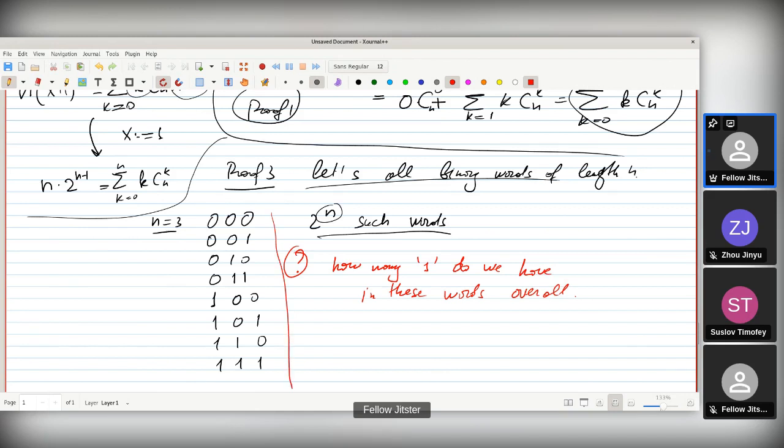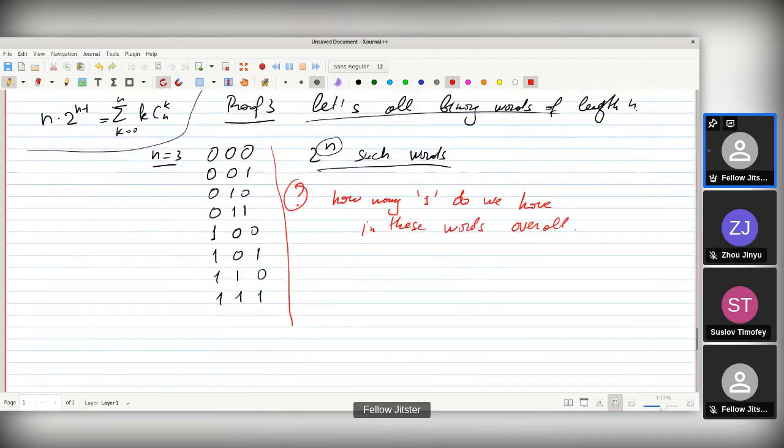In this case of n being equal to 3, how many unities do we have? 1, 2, 3, 4, 5, 6, 7, 8, 9, 10, 11, 12. So we have 12 unities. Is this idea clear? Yes. And how many unities do we have overall when n is arbitrary? How can we count them?